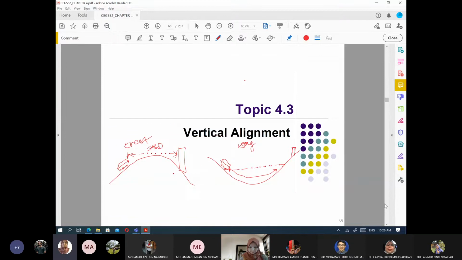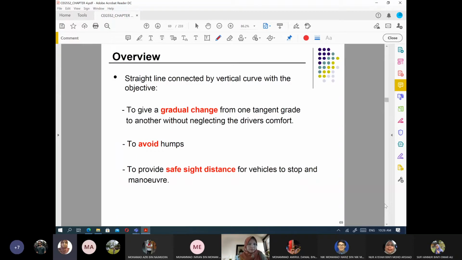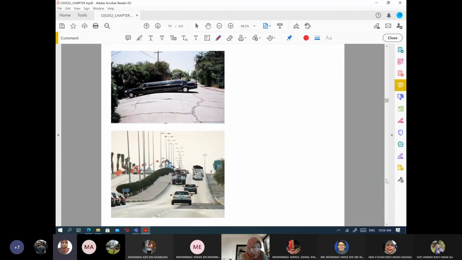Okay. I couldn't use my PowerPoint sebab dia punya arrangement dia tak sama. So saya guna yang ni. Tak apa. Kita try mana yang boleh lah. Okay, 4.3. This is the one just now showing you when they are designing the gradient for vertical alignment.